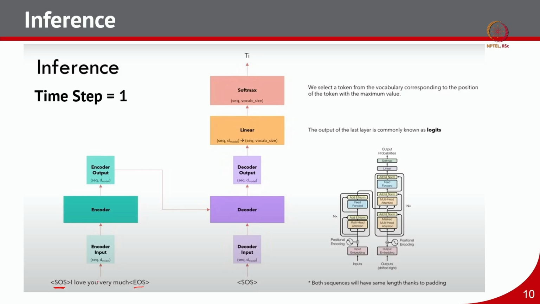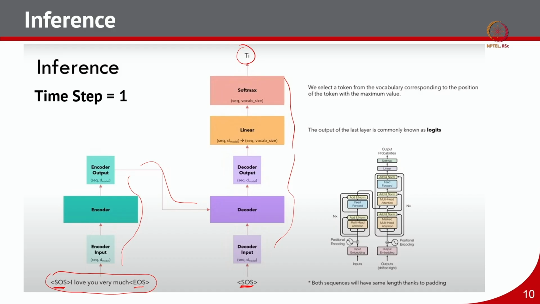Now, to the decoder, the first input has to be SOS, start of a sentence, right. Now, with this it will compute the self attention and everything, and then there will be cross attention, and then finally it will generate the first token, ti, okay.